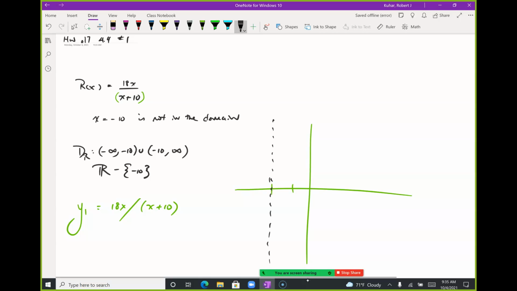This is called a vertical asymptote. When the denominator equals 0 after reducing, so if I could cancel first, I don't have to think about this. But if my function is dividing by 0 after I've reduced it, then I've got a vertical asymptote.